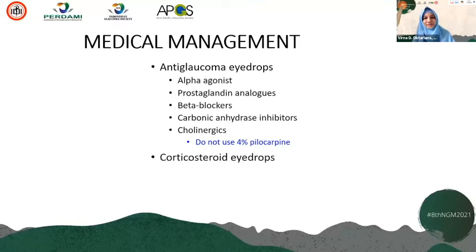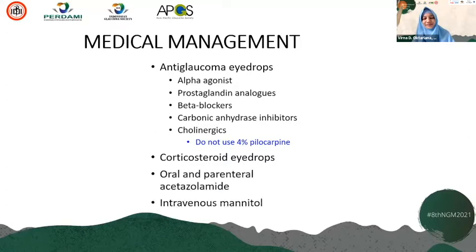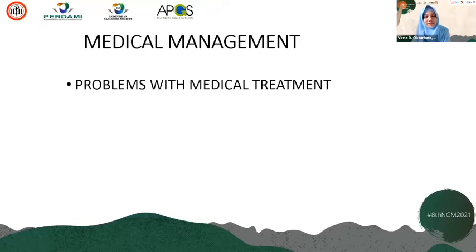And always remember intensive corticosteroid to reduce the inflammation to prevent further complication. And if all these medications do not work, we can try oral or parenteral acetazolamide or even intravenous mannitol. And I will be mentioning later that these systemic drugs can cause side effects.